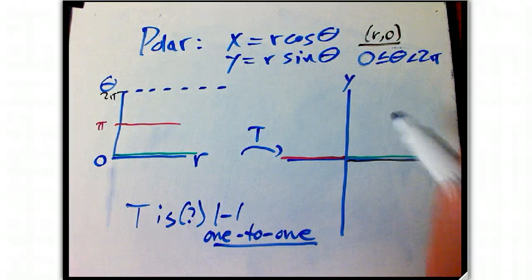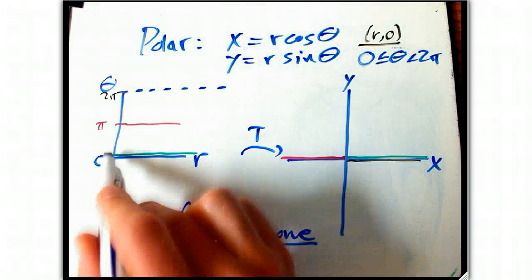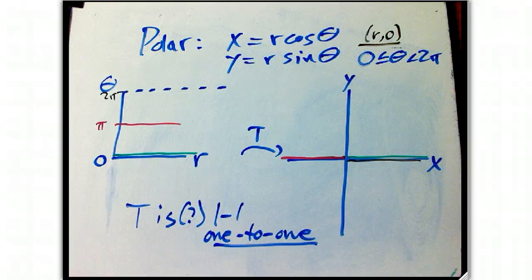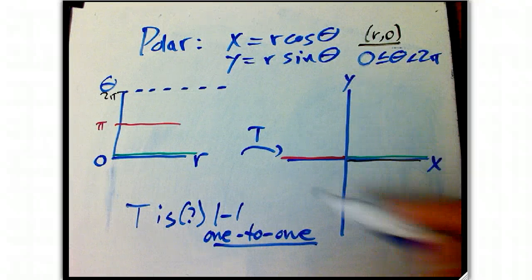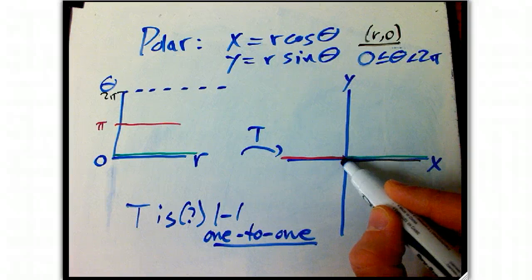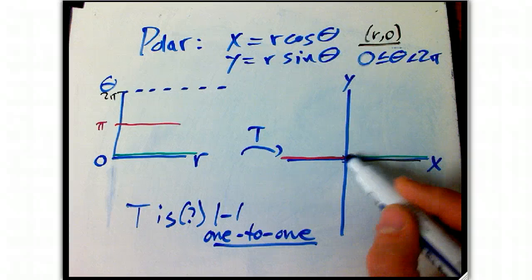Now, here's the annoying thing, though. Ooh, r equals 0. Every single thing on here goes to the origin. So depends on how you want to deal with that. But a good way to deal with it, if you're integrating and you're trying to find areas and masses of lamina and all that kind of stuff, a single point's never going to matter. So for the purposes of this discussion, I'm going to say that we don't even need the origin.